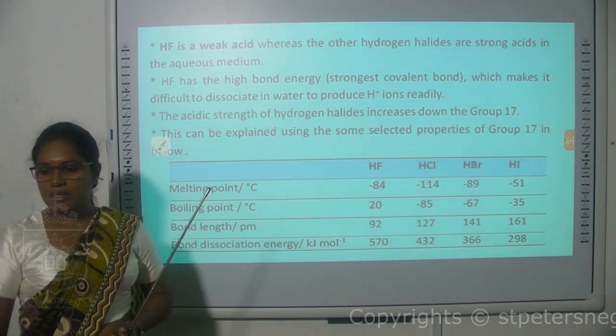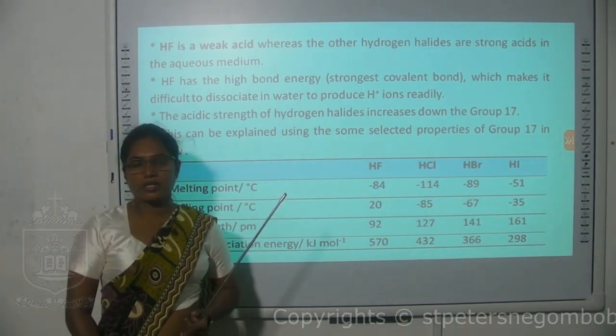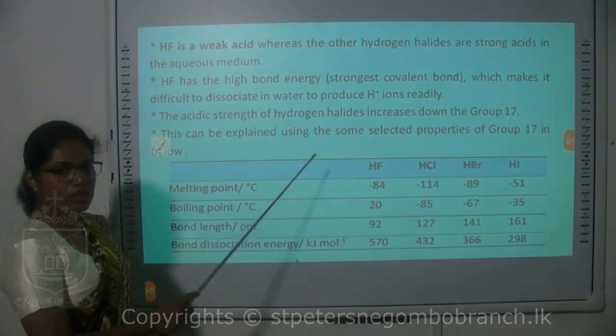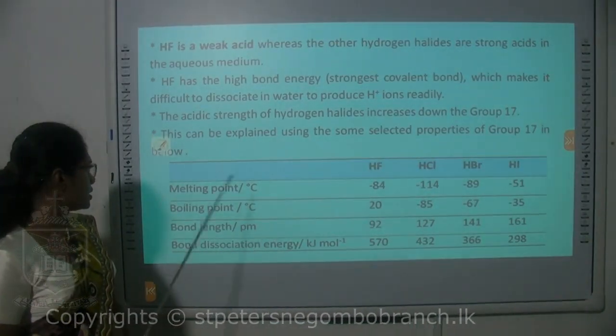Then this can be explained by using some selected properties of group 17. In this chart, I have shown you those properties.